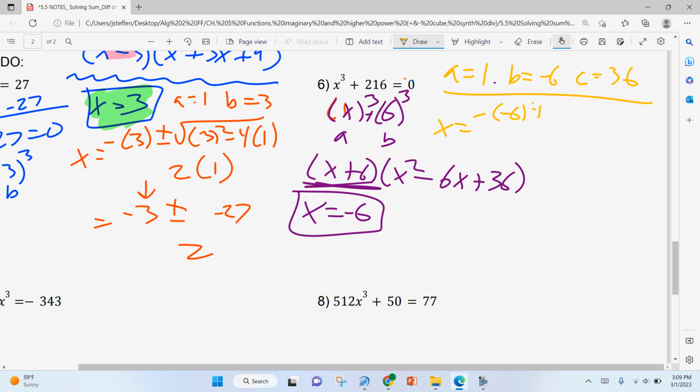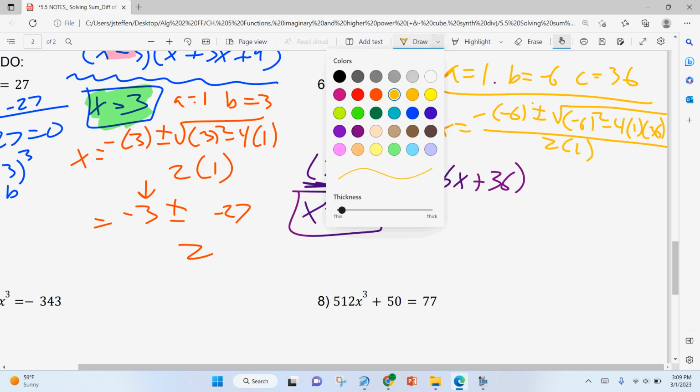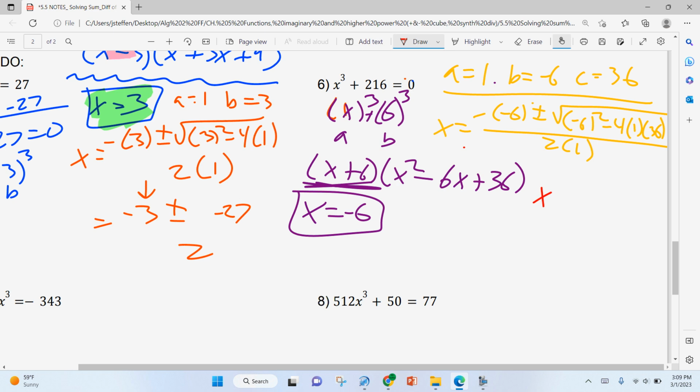Negative negative 6 plus or minus the square root of negative 6 squared minus 4 times 1 times 36 all over 2 times 1, which then you end up with x is equal to positive 6 plus or minus over 2, and it's the square root of, put that in your calculator, negative 108. Now again, the shortcut to this, and I guess I could have talked about it before, I know that that 108 has to be 6 root 3.